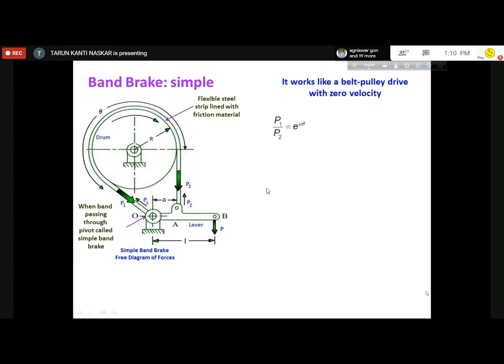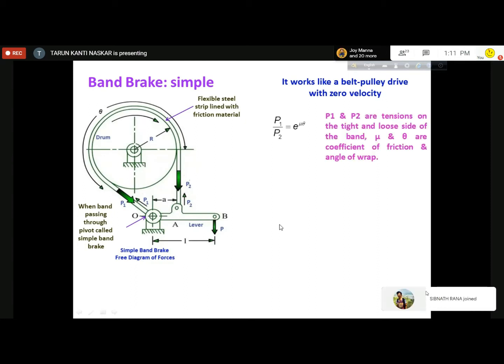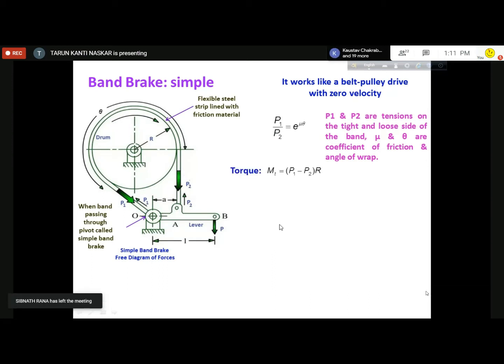Now for the dimensions, this is L, this one is A, and this is theta, the included angle, which is called angle of wrap. P1, P2 are the tensions, mu and theta are the coefficient of friction and the angle of wrap. So torque is equal to the effort, P1 minus P2, multiplied by R.